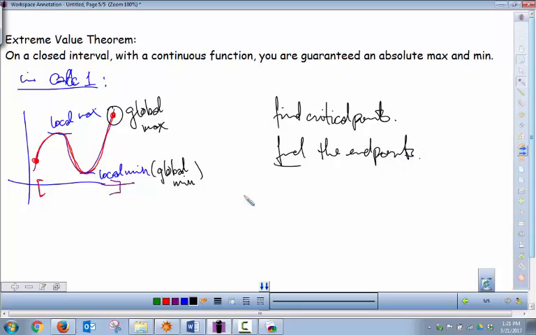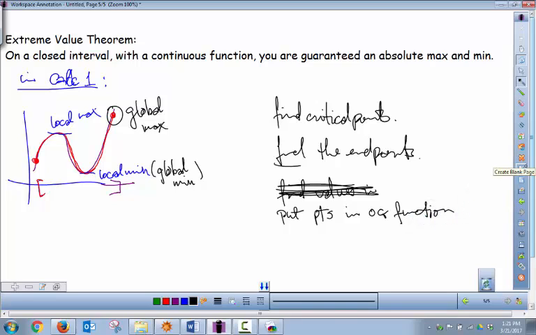And then you put these values into the original function, to find out which one's the largest and smallest.